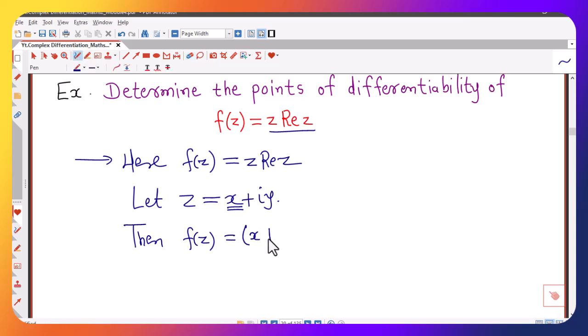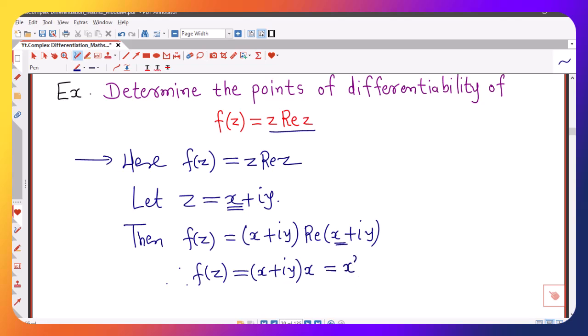So first I write z equal to x plus iy, and the real part of x plus iy is x. Therefore f of z becomes (x plus iy) times x, so here we will have x square plus i times x into y.